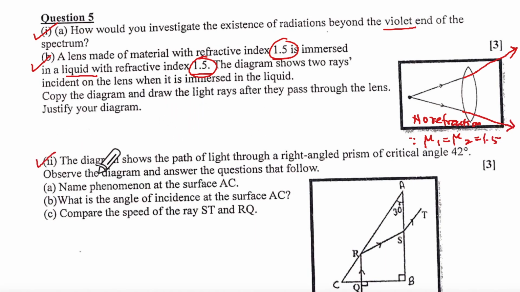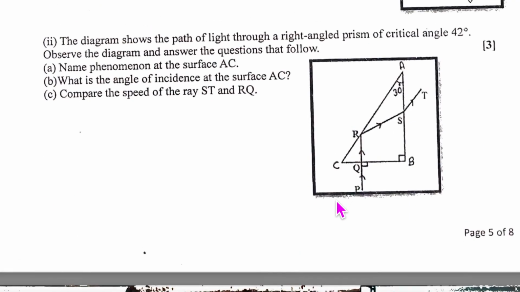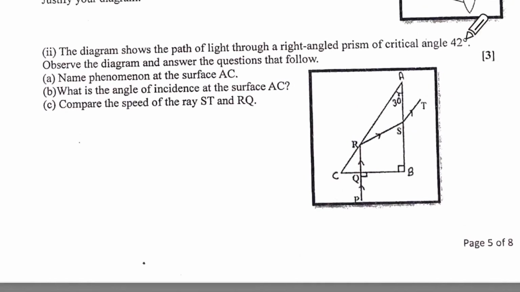Okay, come to the third one. The diagram shows the path of light through a right-angled prism of critical angle 42 degree. Observe the diagram and answer the questions. A. Name the phenomenon at the surface AC.